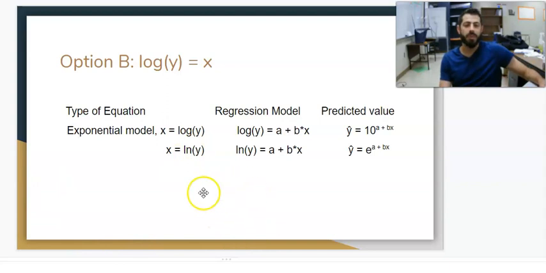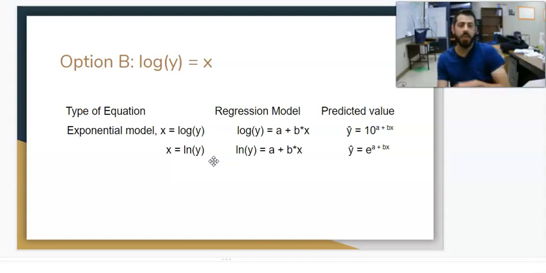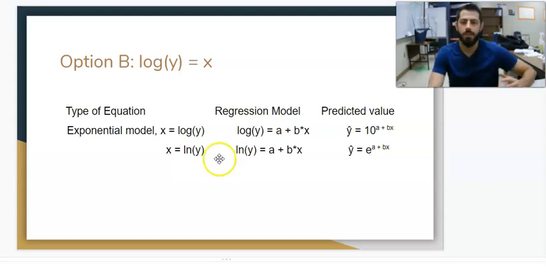So we would be left with the natural log of y equals x. Again, the idea here is to make it look as close to a y equals a plus b x as we can get away with, so that we can use our typical slope and intercept analysis and prediction models to analyze the data.